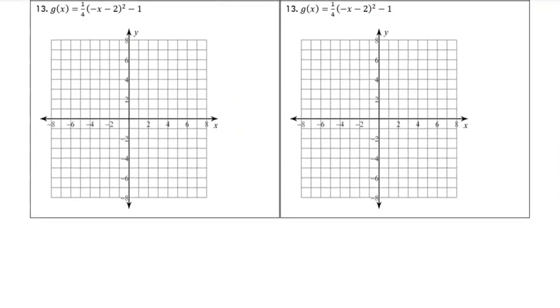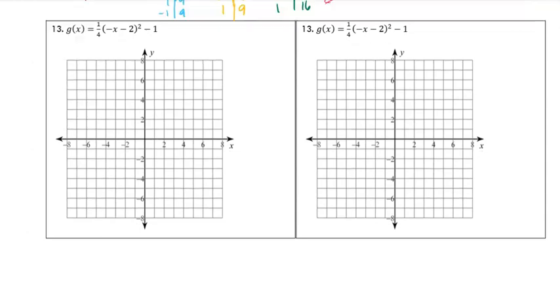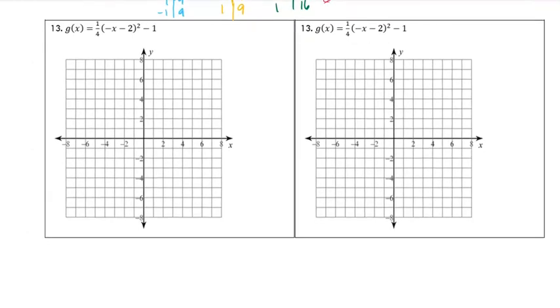Okay, wow. This one's kind of crazy. Okay, let's go ahead and rewrite it. G of x equals 1/4. Take out a -1. We get x plus 2, minus 1. Okay, now I'm going to list these in order. Number 1, it's a reflection over the x-axis, or a scale factor.